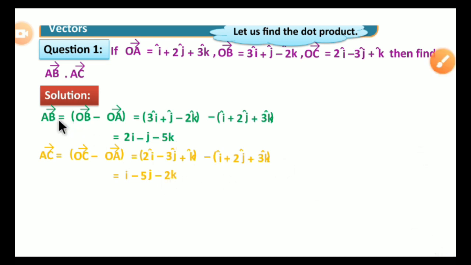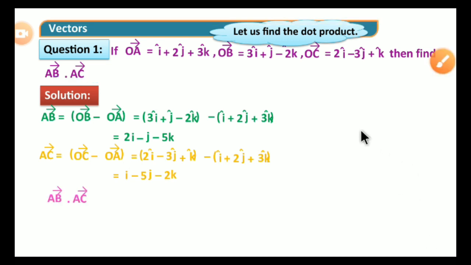Student, we already have the values of the AB vector and the AC vector. Now we find AB dot AC, which is the dot product of these two vectors. Therefore 2i minus j minus 5k dot product with i minus 5j minus 2k.